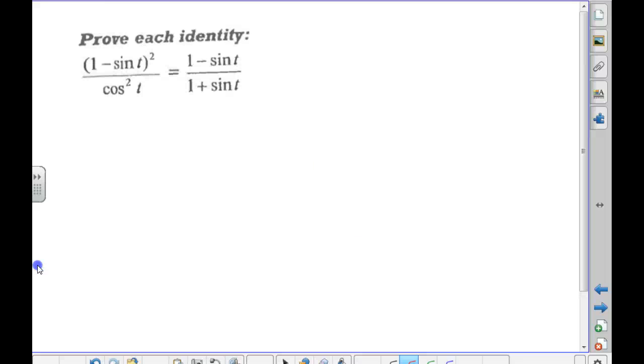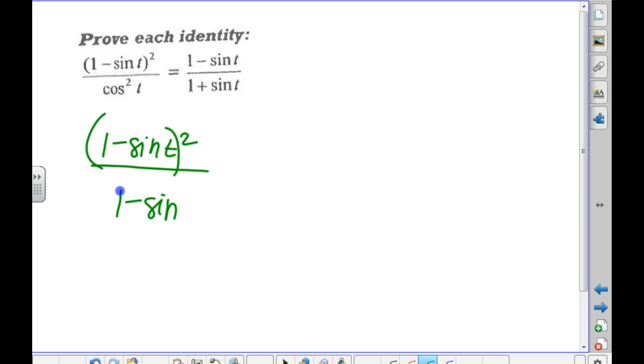Okay, this first one is way easier than it looks, okay? There's a really easy way to make this work. What could you trade cosine squared for? Look what we're trying to get to, guys. Okay, so we have 1 minus sine quantity squared over 1 minus sine squared. What does the top mean? 1 minus sine times 1 minus sine, right?